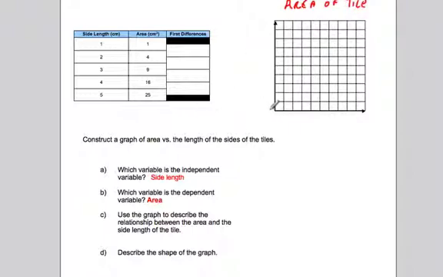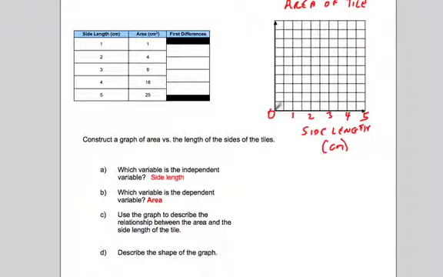And we've got to put our side length down here. And our side length is going to be in centimeters. And we've got to go from 0 to 5 because those are the values we're given. So we're going up by, every other one is 1, so we're going up by halves.